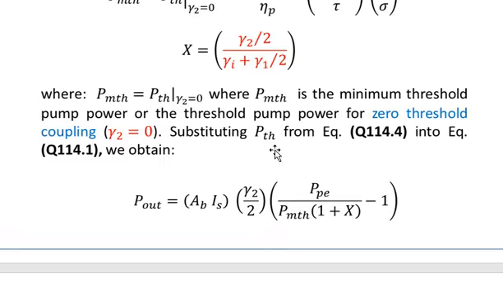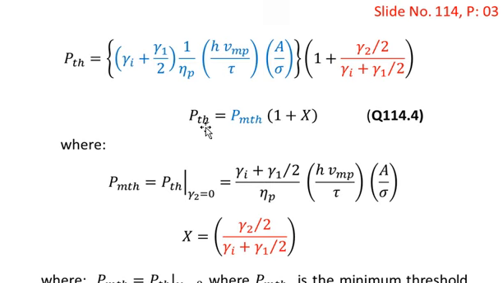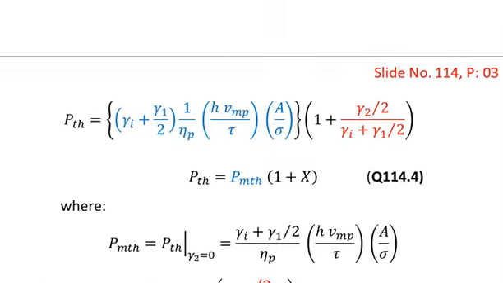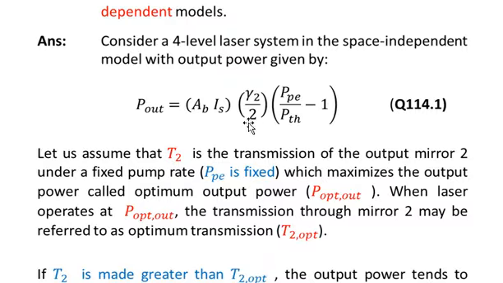So substituting P threshold from equation number 4 into equation number 1. So this is equation number 4. That's P threshold is equal to P minimum threshold times 1 plus X. And we are going to substitute this one in equation number 1. This is equation number 1.